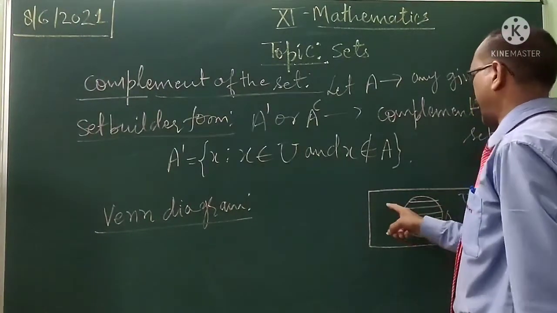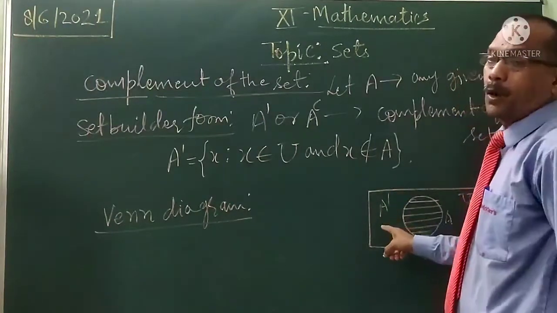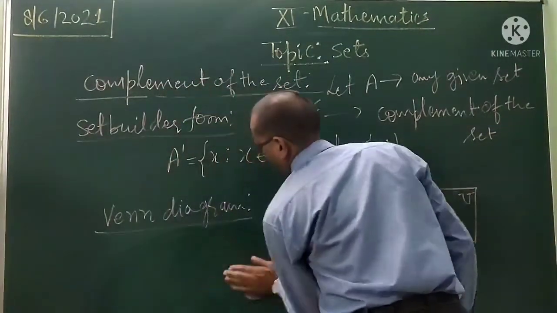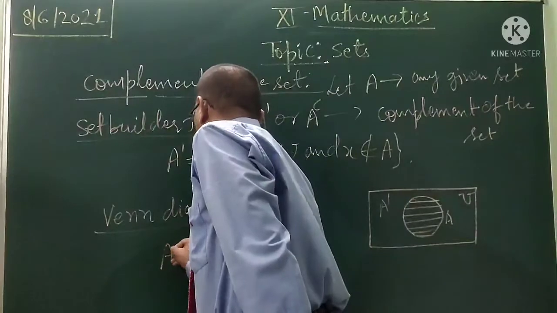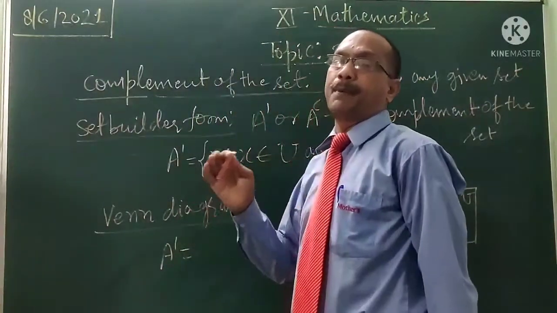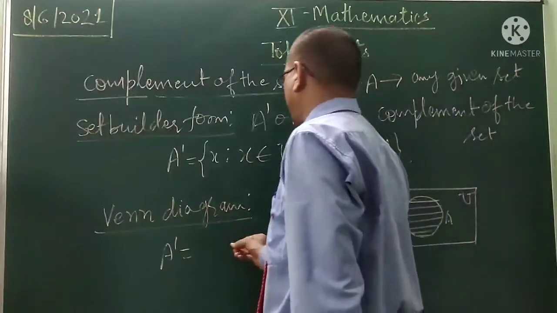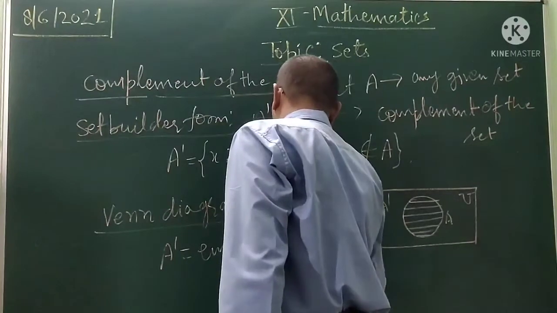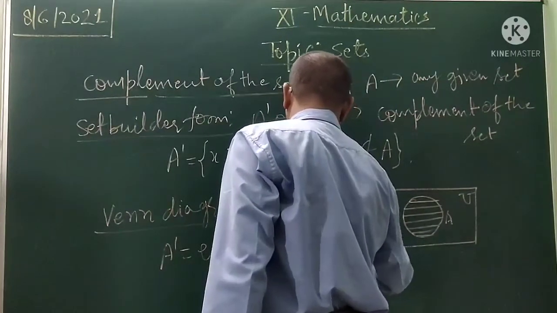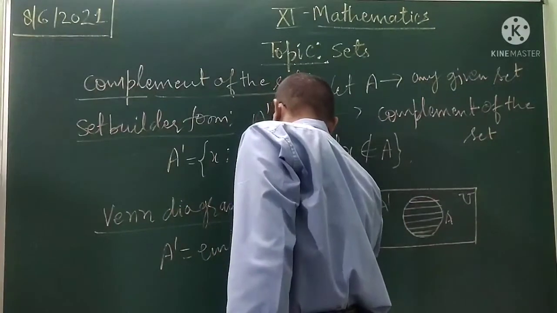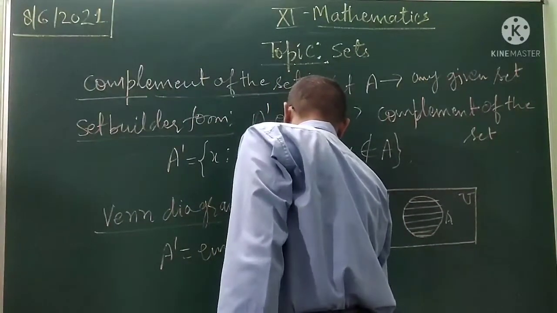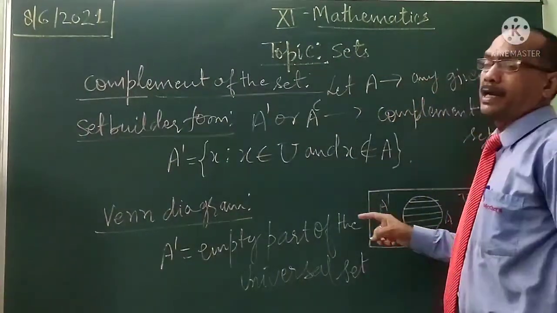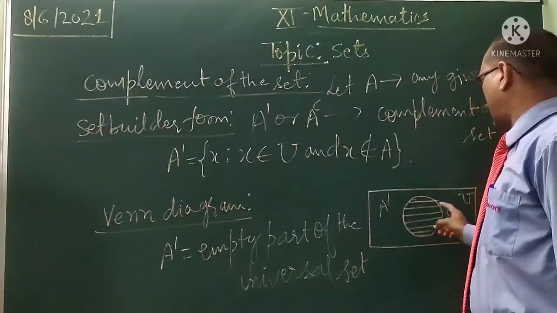Then we can say the outside portion is called the complement, or A complement is equal to the empty part of the universal set. This is the empty part. Here we are not considering the set A.